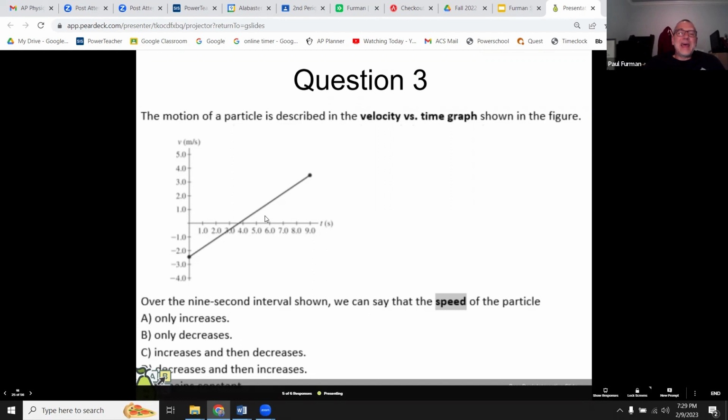If you're slowing down, your velocity is approaching zero. That's easy for people to get their heads wrapped around. So notice that this velocity starts down at -2.5 meters per second, but it's approaching zero.